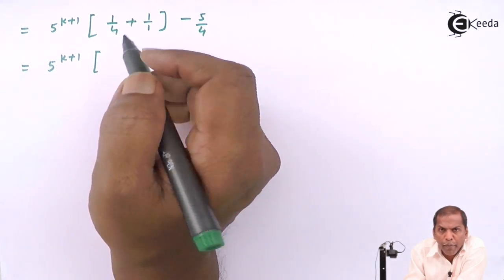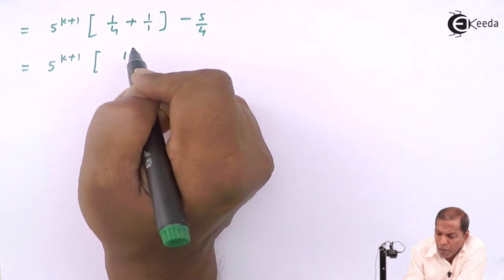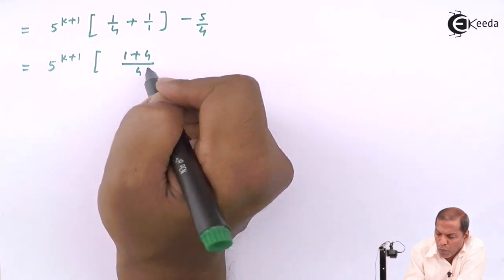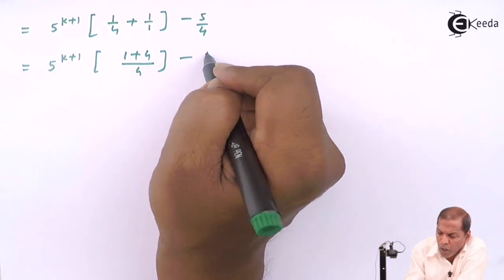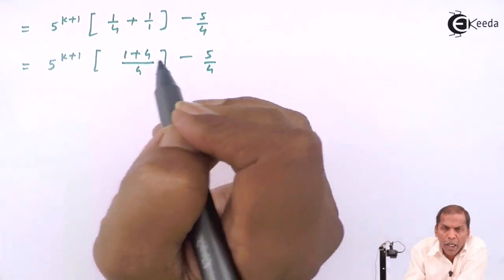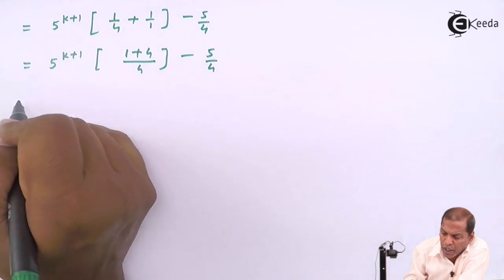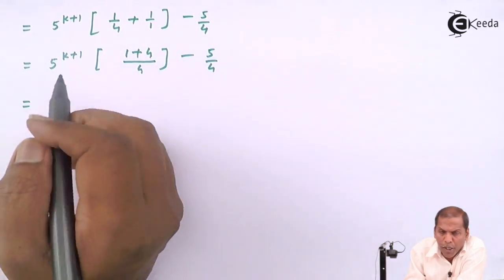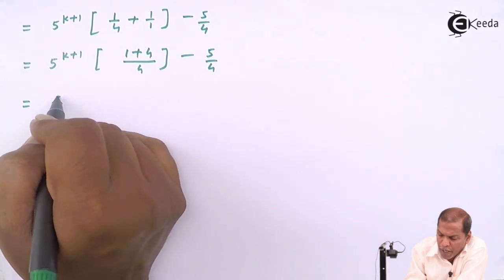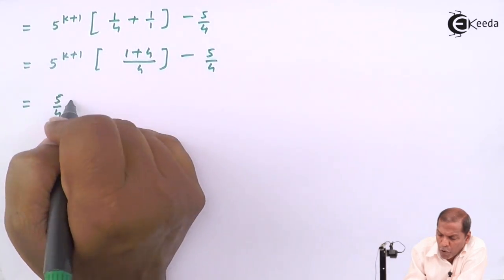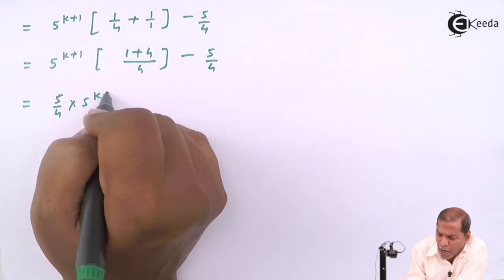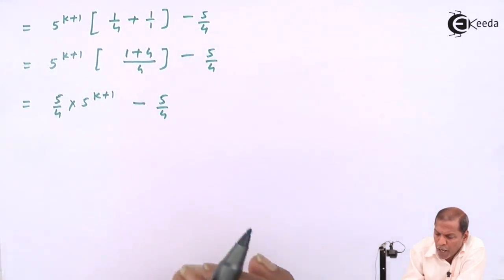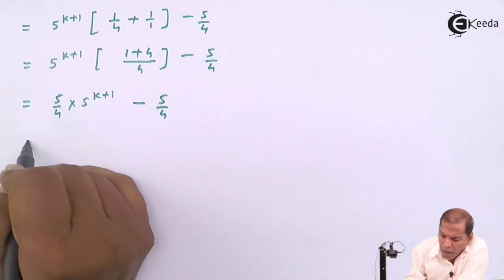So 1 into 1 is 1, plus 4 into 1 is 4, upon 4 into 1 we get 4, and the second term −5/4 we write as it is. So 4 + 1 gives us 5, upon 4 into 5^(k+1), and −5/4 we write as it is.